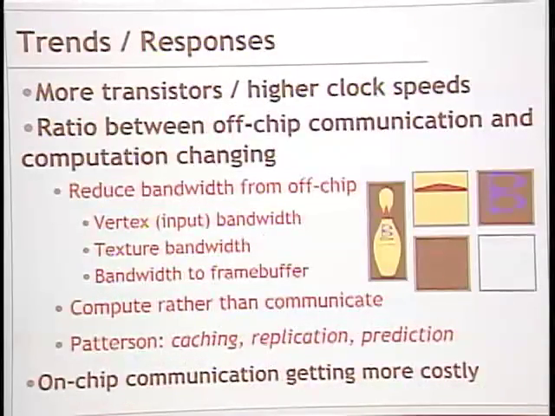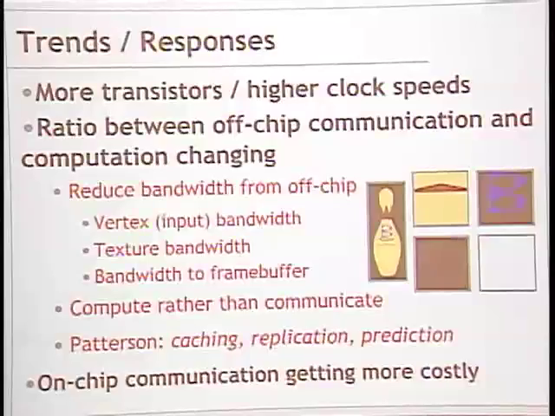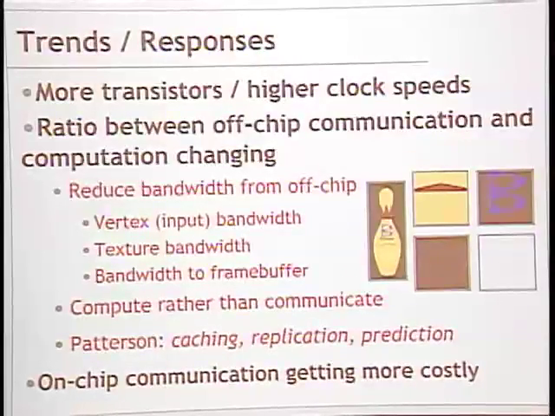The next thing is the ratio between off-chip communication and computation. Computation is getting cheaper, but communication isn't really getting cheaper, and that's an enormous mismatch in technology rates that changes the way we think about graphics architecture. One thing I'll be talking about a good bit today is vertex input bandwidth. We send vertices from the CPU to the GPU.